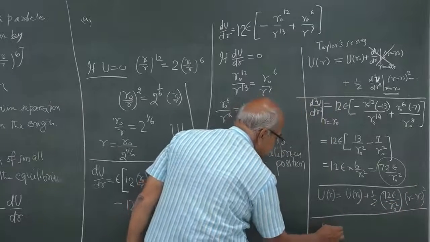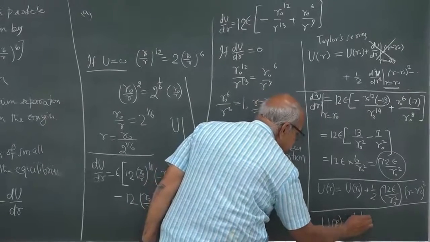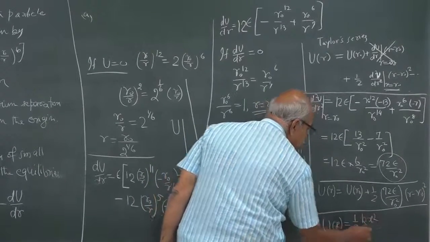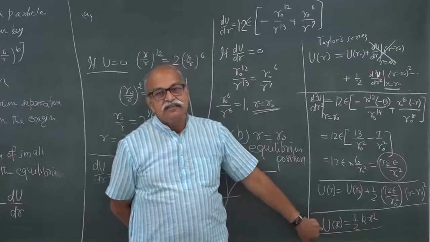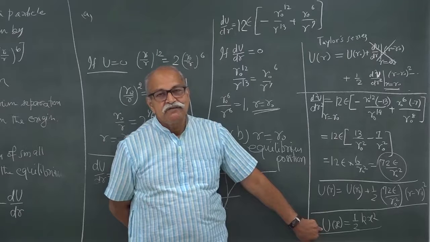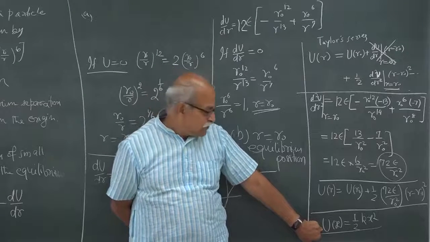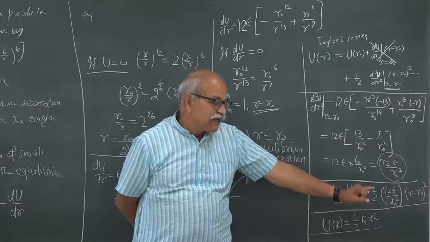Compare with u x equal to half k x square. This is our SHM equation. Potential energy of a particle undergoing simple harmonic motion, F equal to minus k x. So, that k is here, the potential energy is given by half k x square.